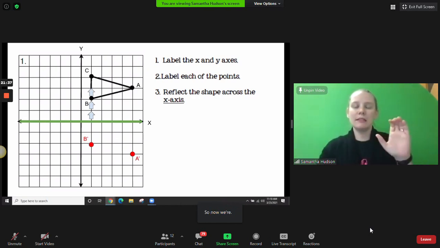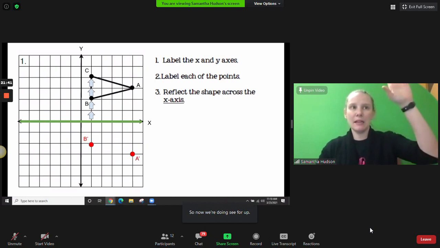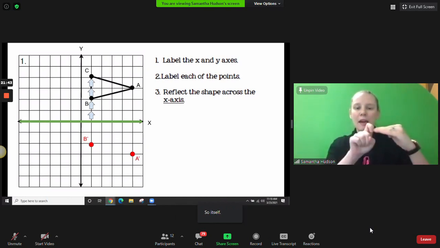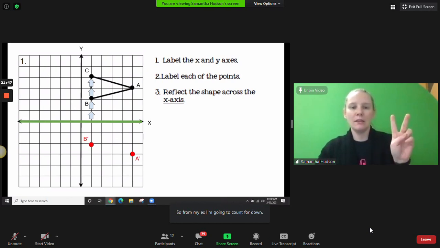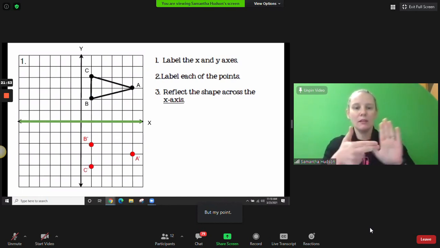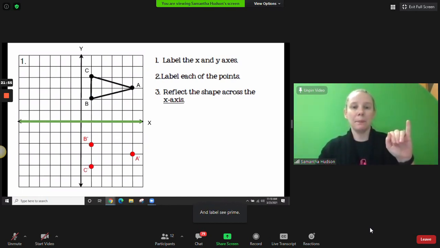So now we're doing C. It's 4 up to C. So from my X, I'm going to count 4 down. 1, 2, 3, 4. Put my point and label C prime.